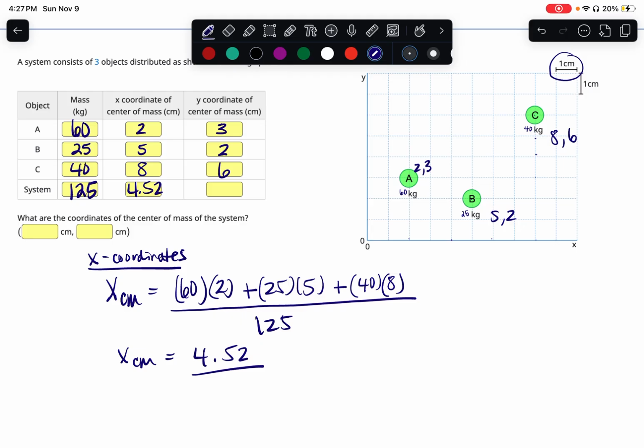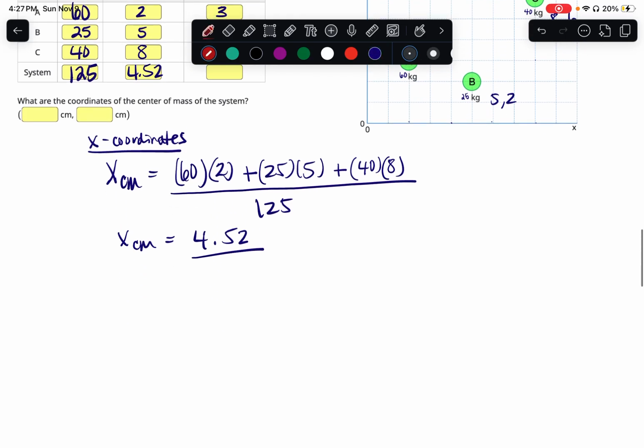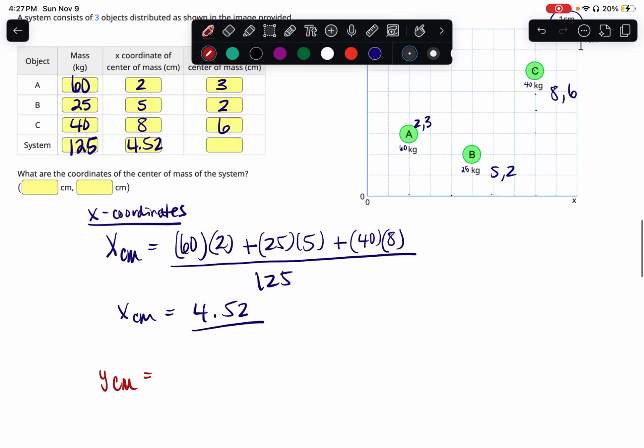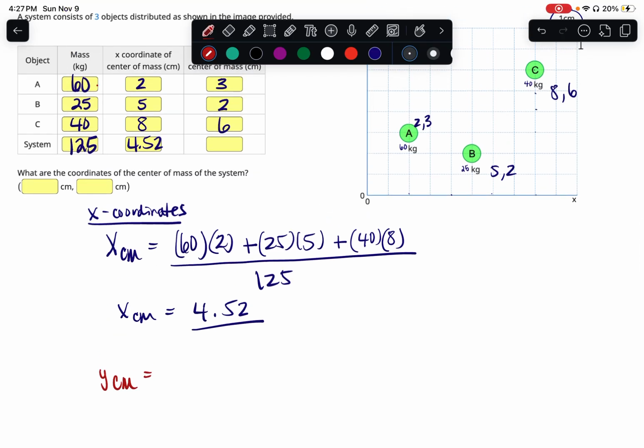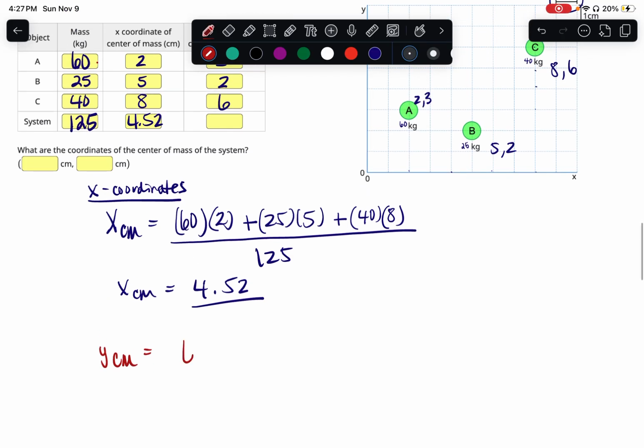And then for the y direction, y center of mass, I'm going to have the same thing. I'm just going to use the y position instead. So it's going to be 60 times 3 plus 25 times 2 plus 40 times 6.